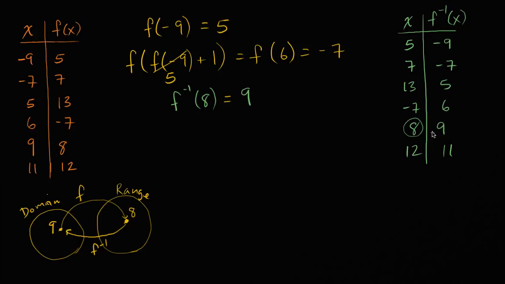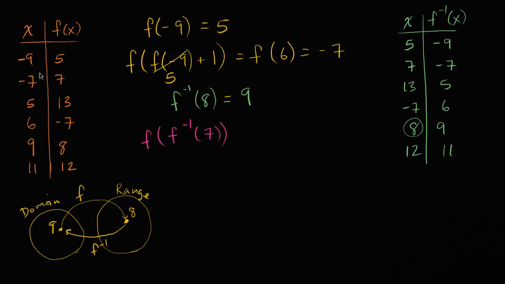So now we can use that to start doing fancier things. Let's evaluate f of f inverse of 7. What is this going to be? Well, let's first evaluate f inverse of 7. F inverse of 7 maps from 7 to negative 7.